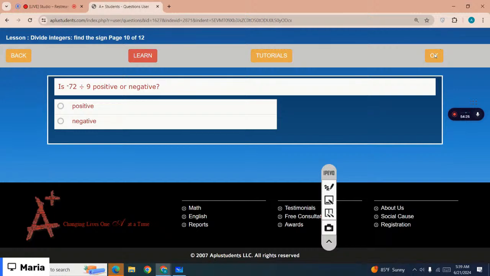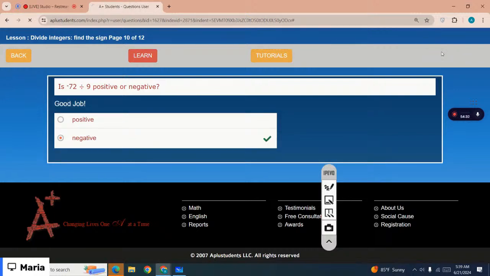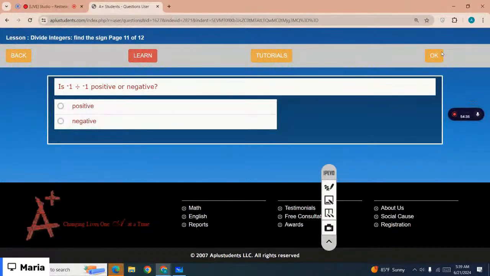The correct option is negative. Negative 72 divided by 9 is negative. Is negative 1 divided by negative 1 positive or negative?